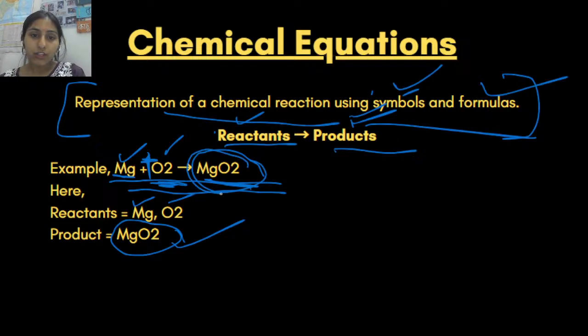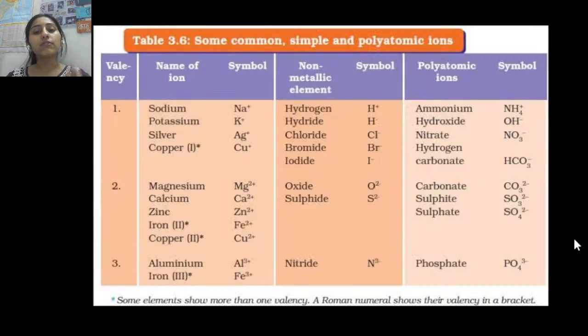So we must know their formulas and their valencies, so we can correctly represent these formulas. We have written O2 here, but we have written Mg. For Mg, we are taking just one atom, whereas oxygen is represented by O2. So why so? This is because of the valency.